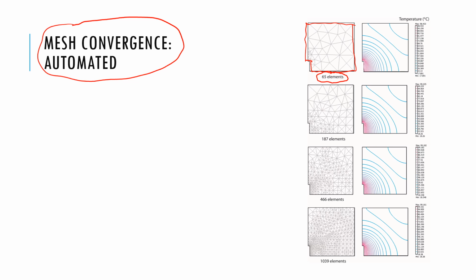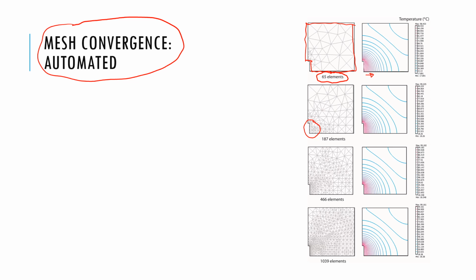From the results itself, the results will guide us to see where the variables are changing most, where the gradients are the highest. Wherever the gradients are highest, those are the regions where you put more elements and repeat the process.